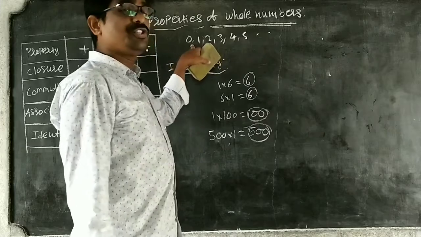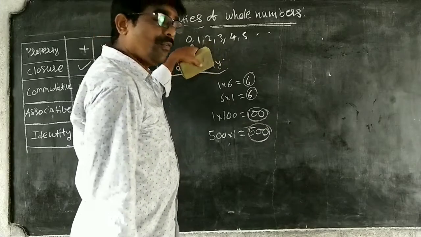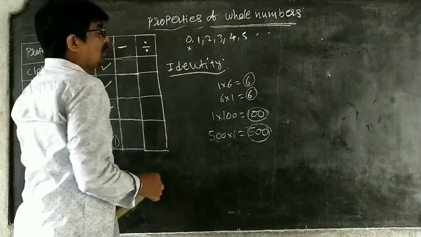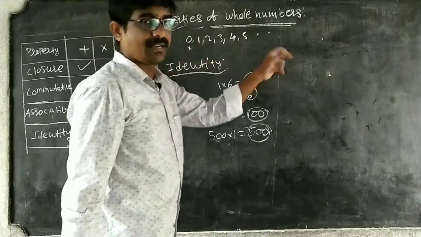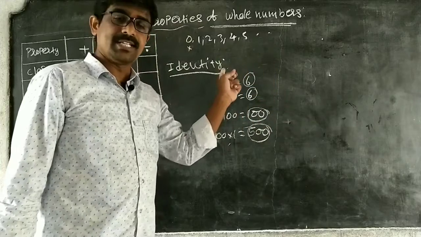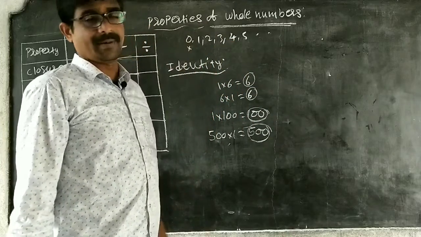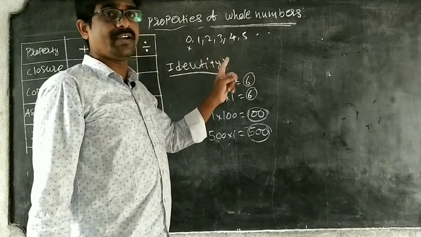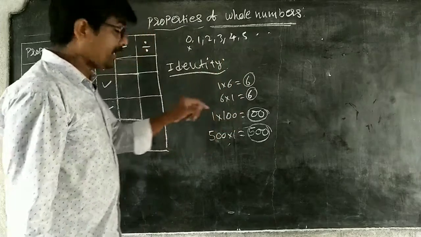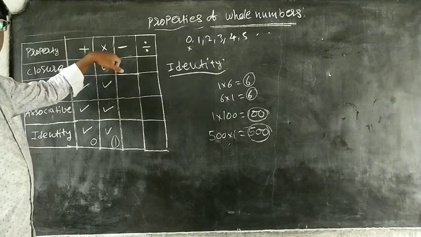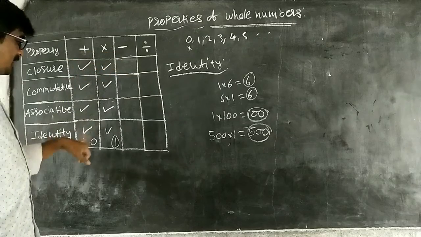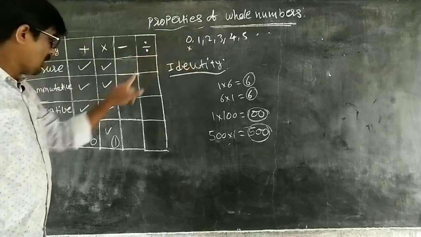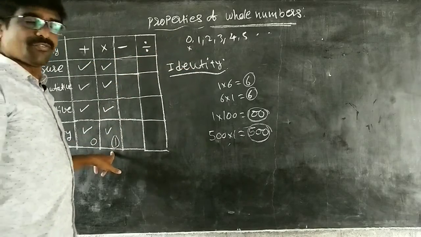But whole numbers have 0, so except 0, all the remaining numbers satisfy the identity property under multiplication. In addition every number is okay, but in multiplication all numbers except 0 are satisfied.